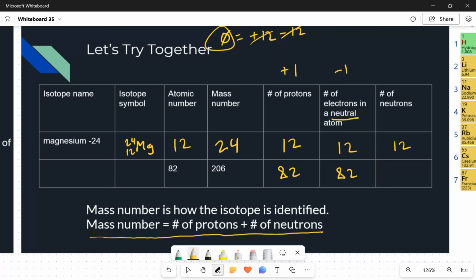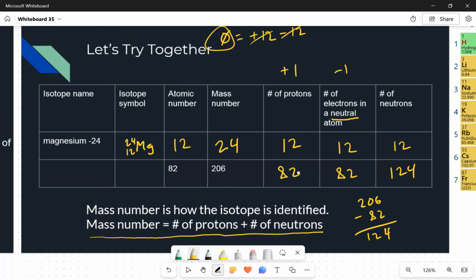My number of neutrons, that's my mass number minus my number of protons. So let's do some quick math. 206 minus 82. 4, 20 minus 8, that's 12. 124 neutrons.